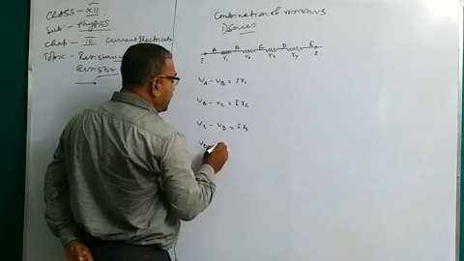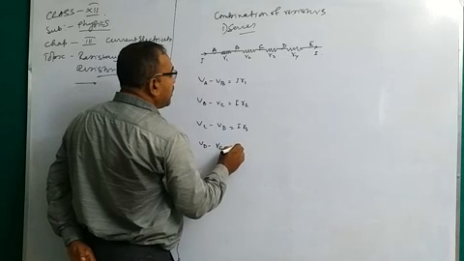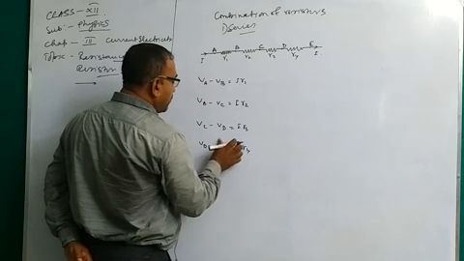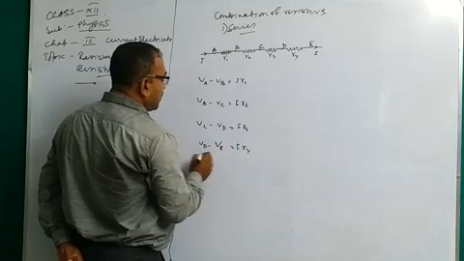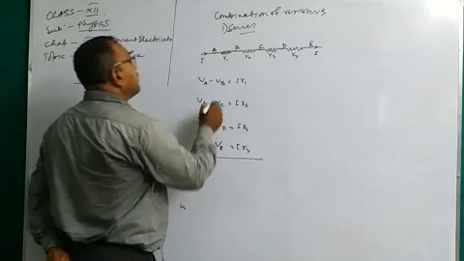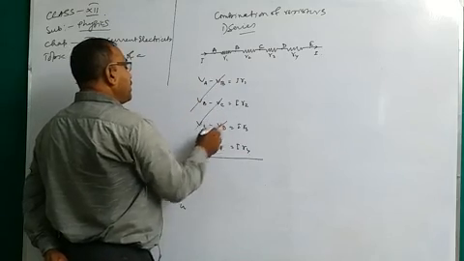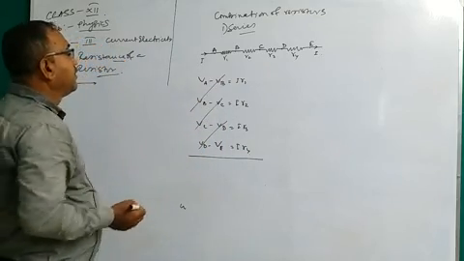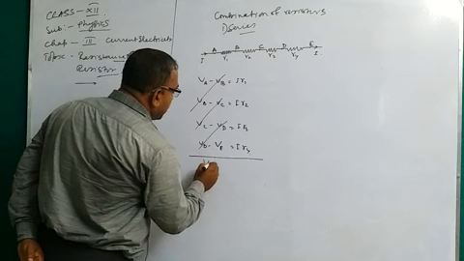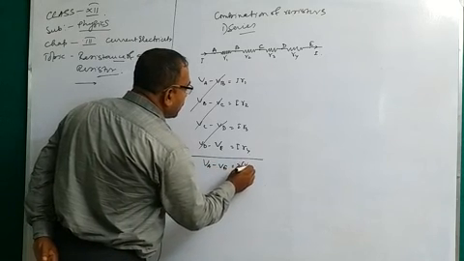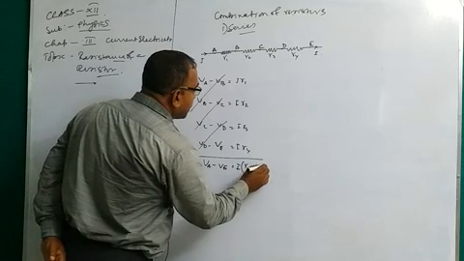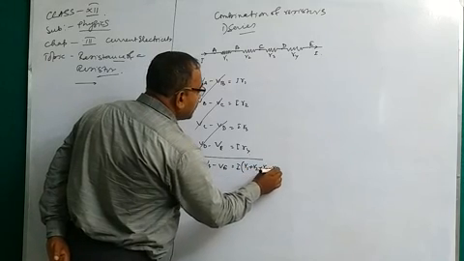VD minus VE equal to I into R4. Okay? So you add them. This is a scalar quantity. VA minus VE equal to I into R1 plus R2 plus R3 plus R4 and so on.